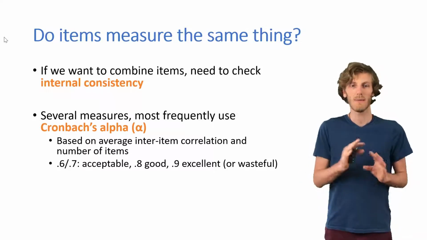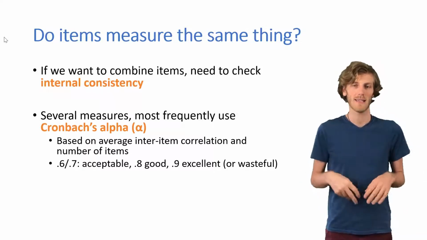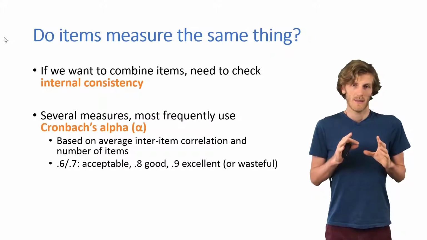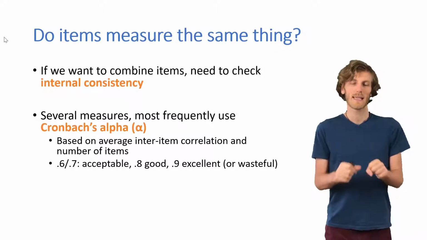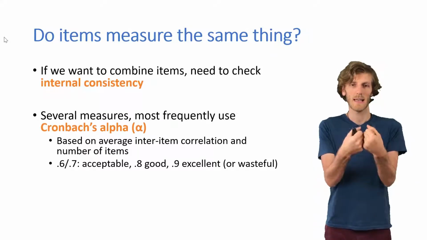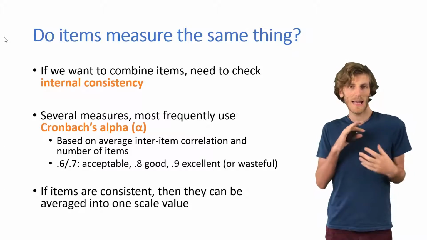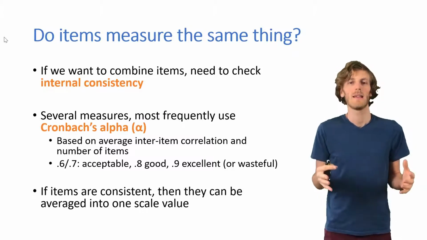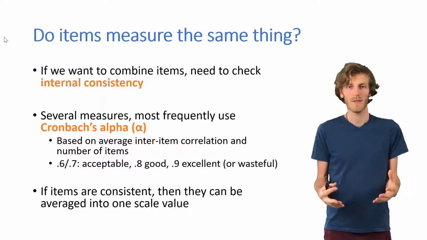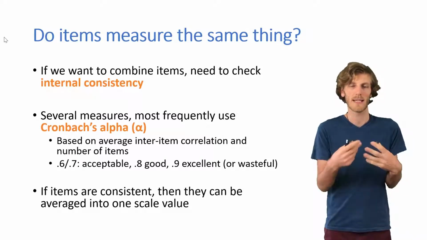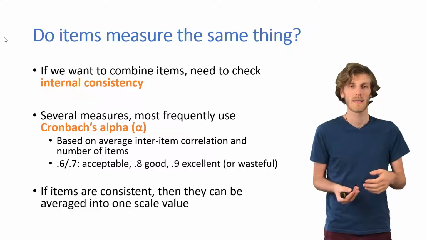But so ideally we want to be somewhere in the 0.8 range. Because that now means our items really closely fit together and measure the same thing. And if that's the case, then we have a good justification for averaging our items and saying, now this average score is measuring an underlying construct.